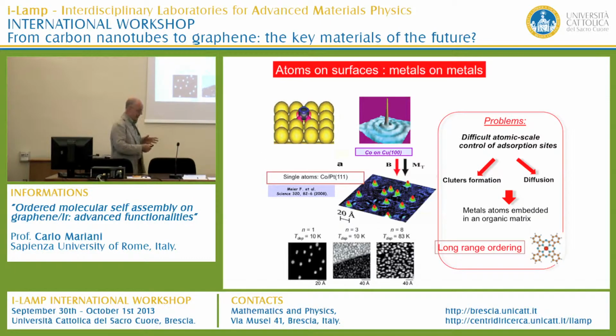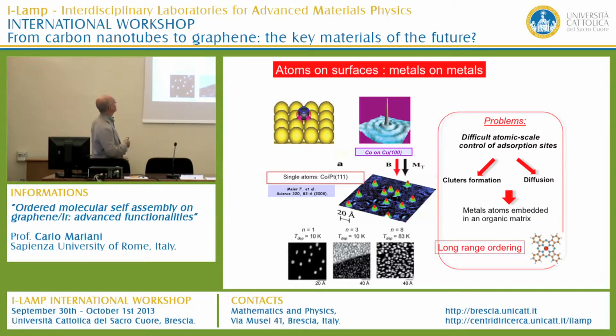If you adsorb atoms on a surface, like cobalt, which presents a magnetic moment, usually what happens is that cobalt adsorbs on metals as single atoms. Then when you increase the coverage, the atoms tend to aggregate and form clusters.